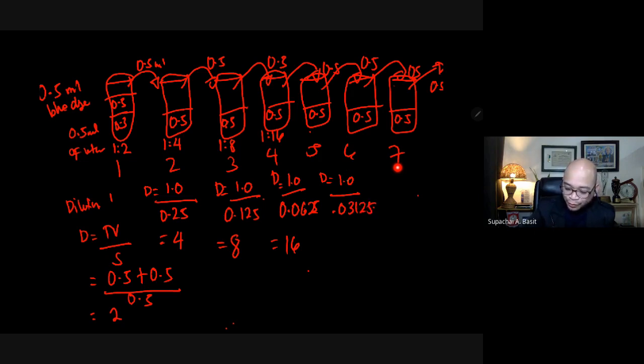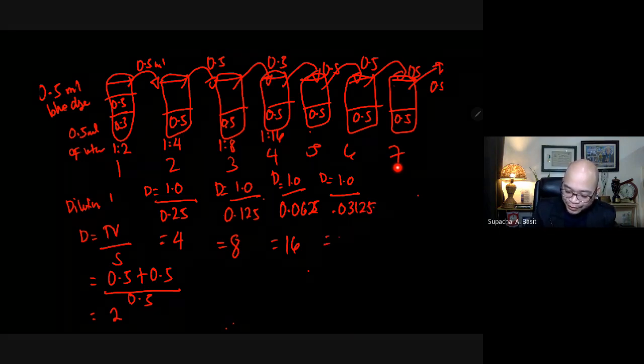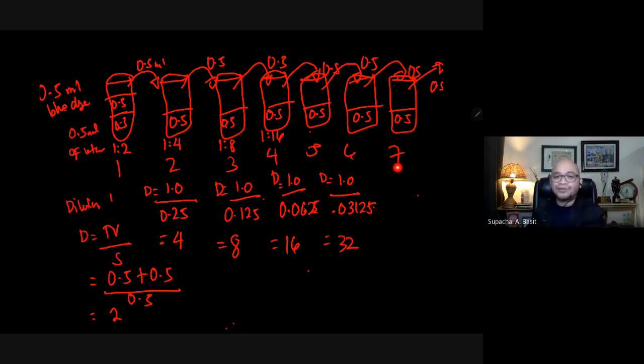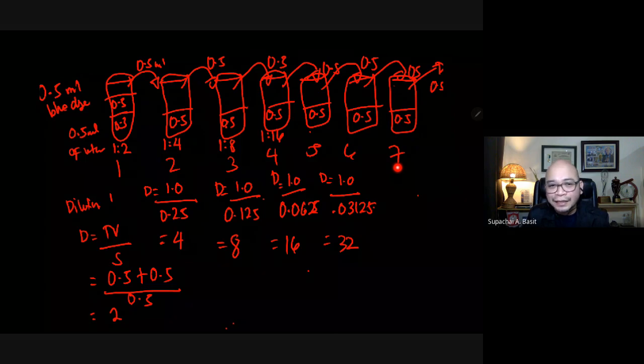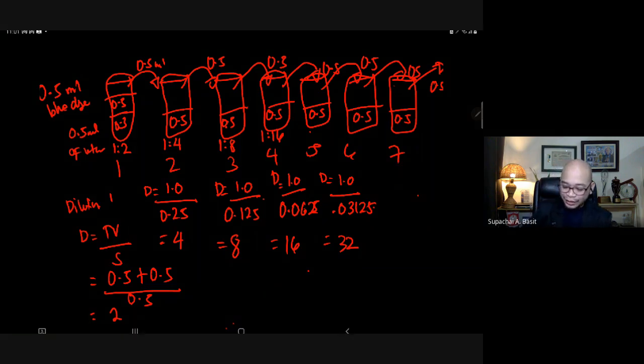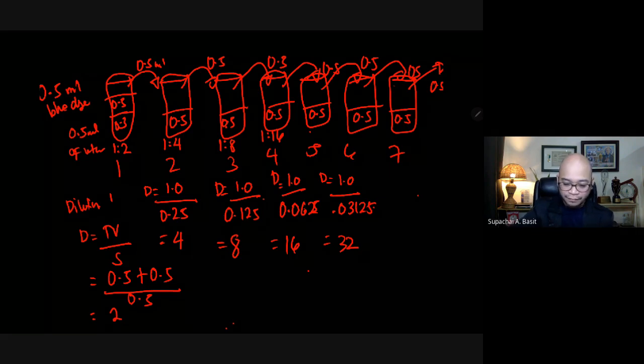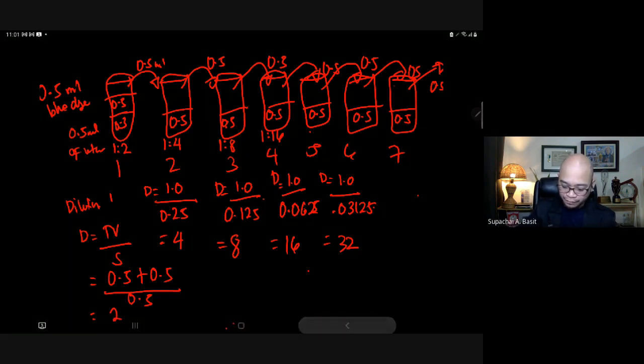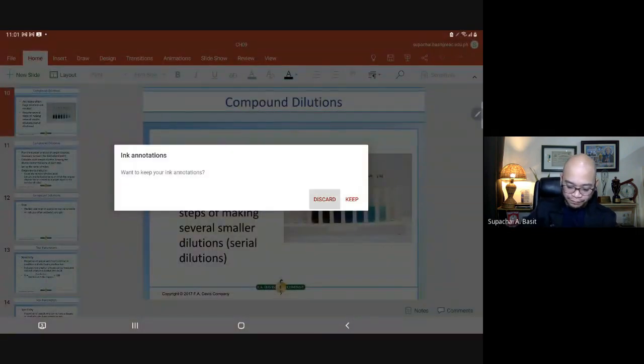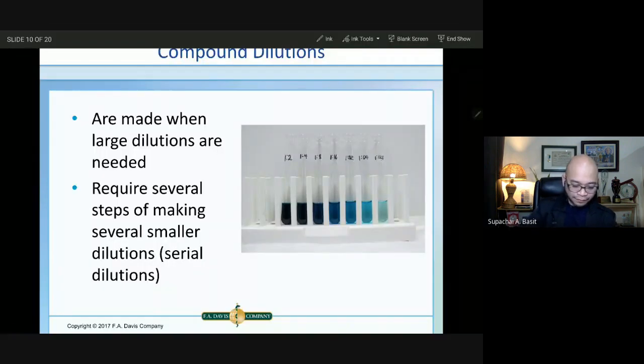So 1 over 0.03125 is 32. So on and so forth. That's how you compute for serial dilution.